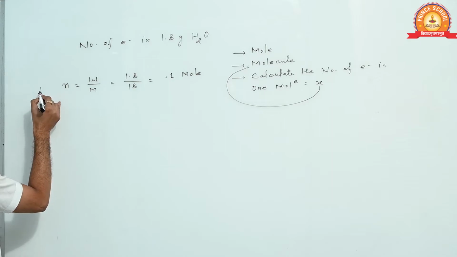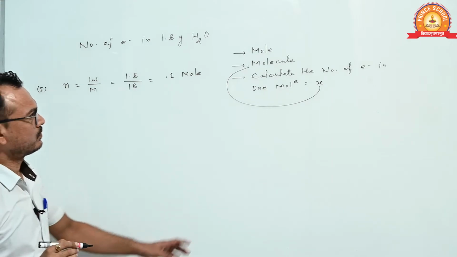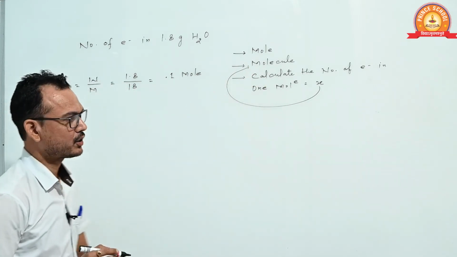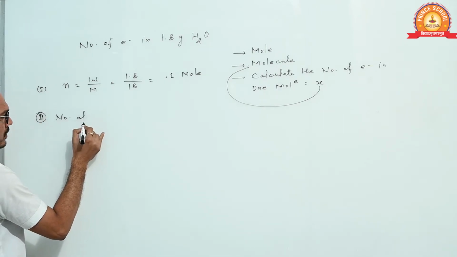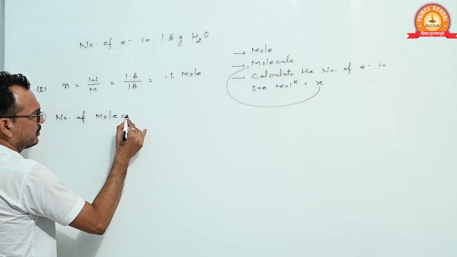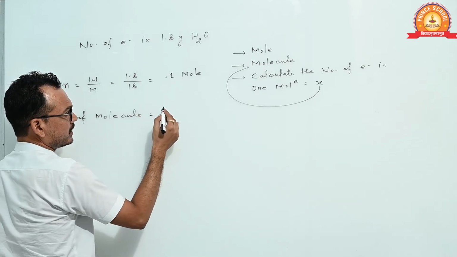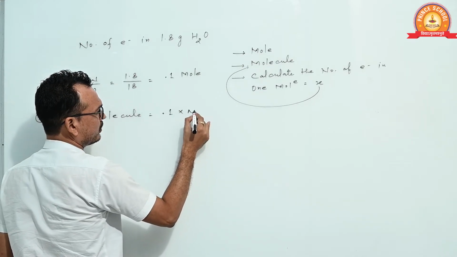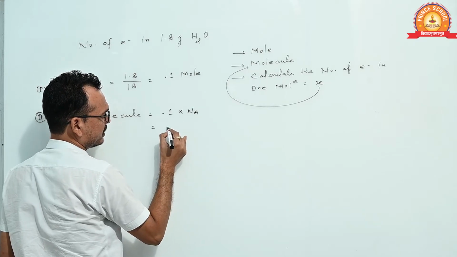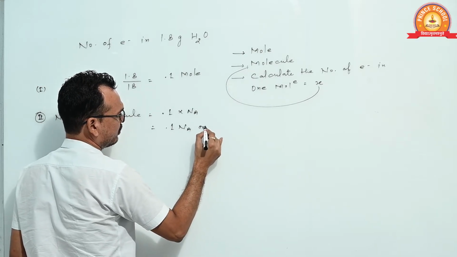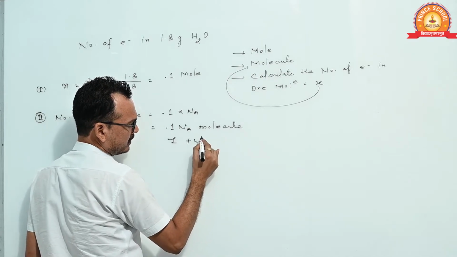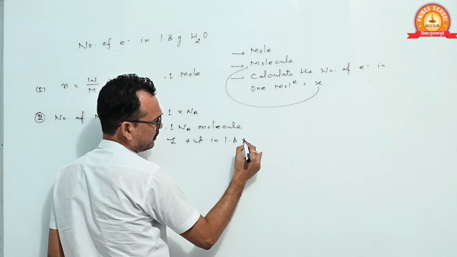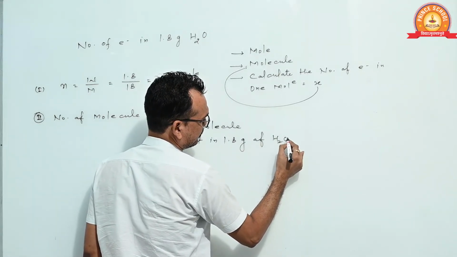Then after calculating the mole, we want to calculate the number of molecules, then it is 0.1 into Na, it means 0.1 Na molecules are present in 1.8 gram of H2O.